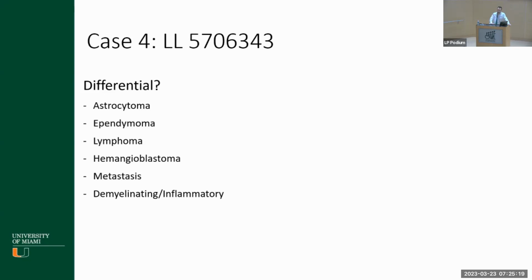I think it looks neoplastic. The cord is kind of swelling, a little bit swollen at the site of the tumor, enhancing. So you kind of hit a lot of this, a couple extra things, lymphoma, hemangioblastoma, or less likely a MET, but I think you'd kind of hit on the important ones. And so what would you do about it?